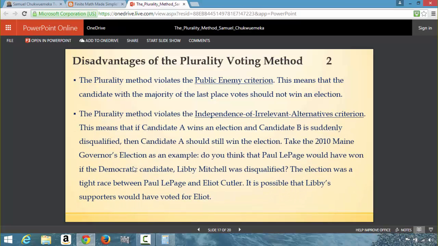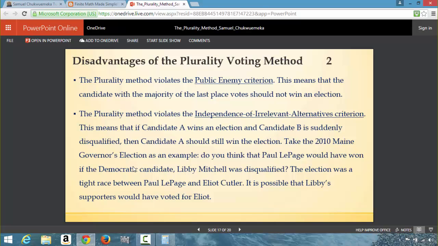Okay? Then it also violates the independence of irrelevant alternatives criterion. We shall discuss this further in the video on the fairness criteria. But what does this mean? It means this. If we have an election, and let's say candidate A is the winner, then we notice that candidate B was not supposed to contest for this election anyway, and candidate C was not supposed to contest either.